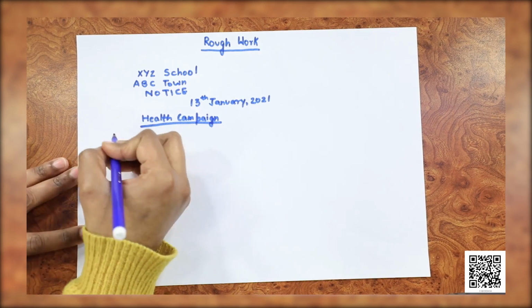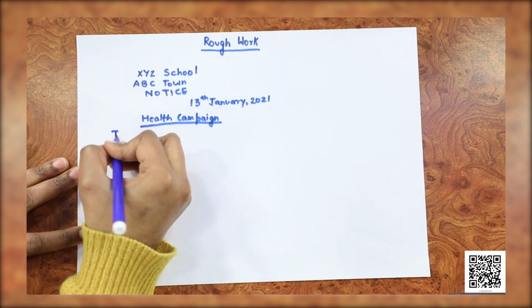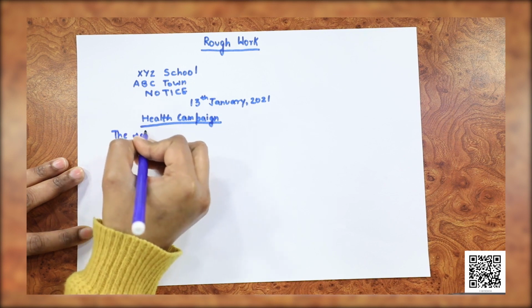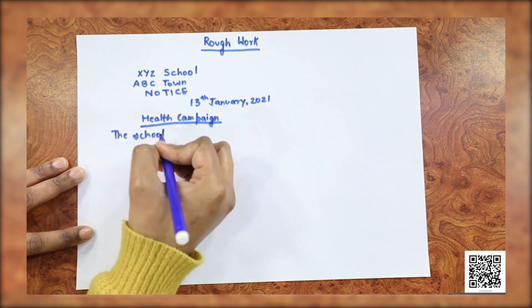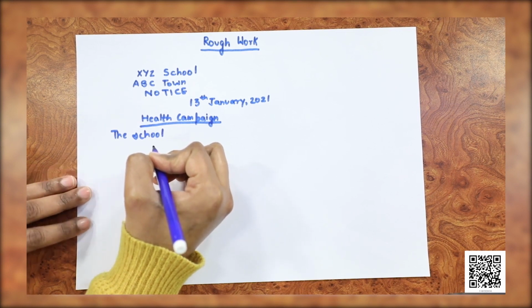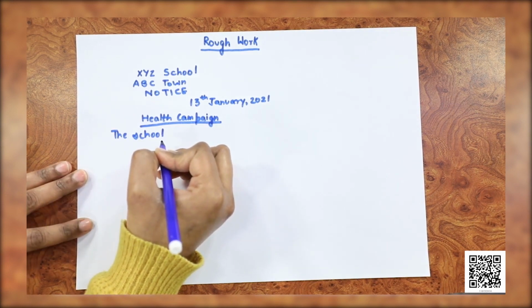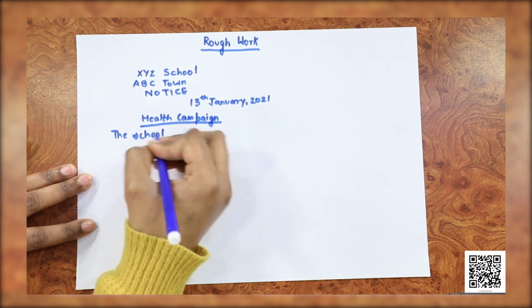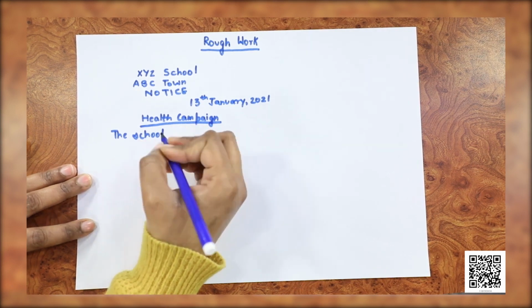Okay, sir. So I can write down, sir, the school is organizing. Is the school or somebody? So the school, like the teacher in charge of the school is organizing. No, school health club. Oh, sorry. So rough work, you have to read the question carefully. Yes, sir. Okay.